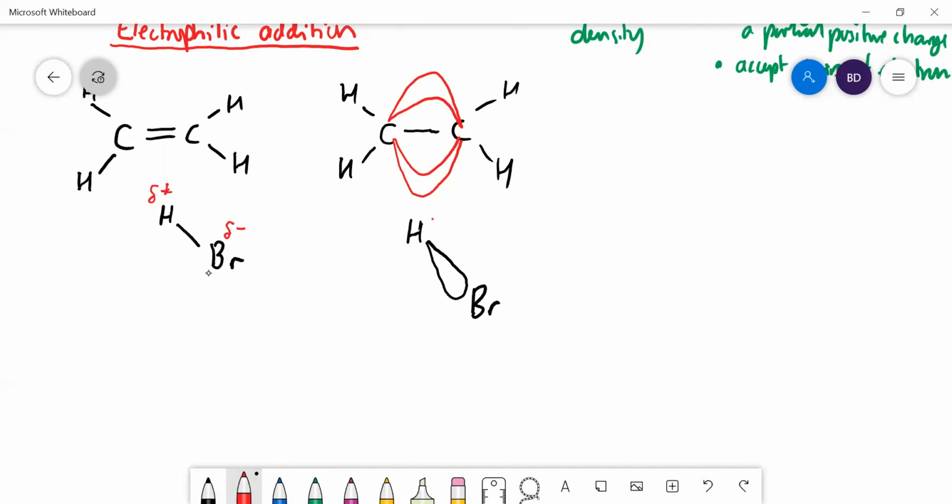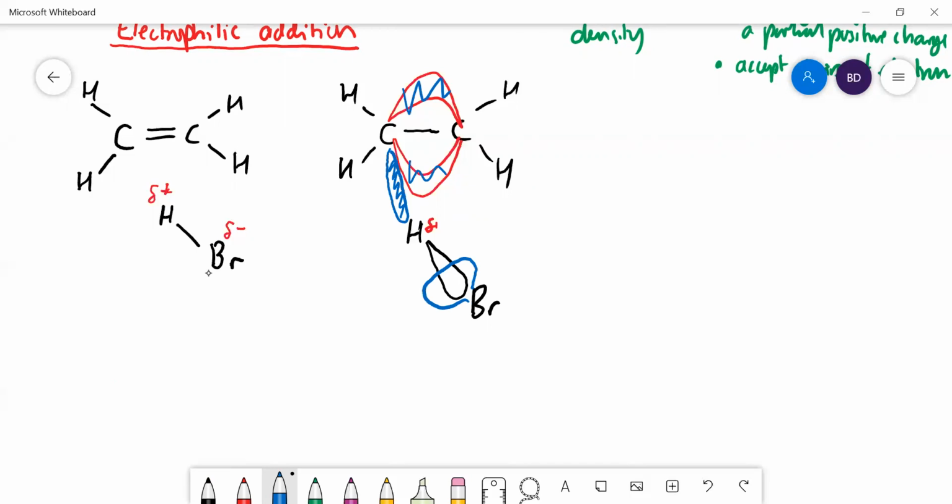So what the hydrogen does is it will start attracting this pi bond towards it, and eventually it will drag the pair of electrons across, and it will form a sigma bond. So that pair of electrons are now in this blue molecular orbital. The hydrogen, of course, will then be forming too many bonds, so this will shrink back, stop being a bonding pair, and become a lone pair.